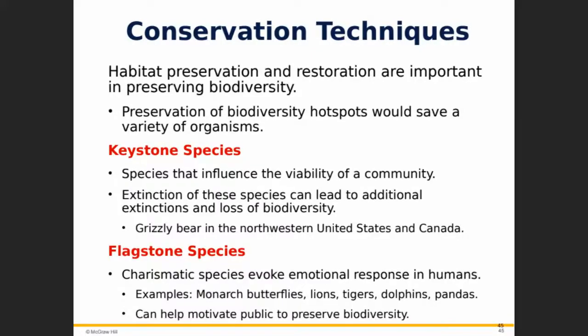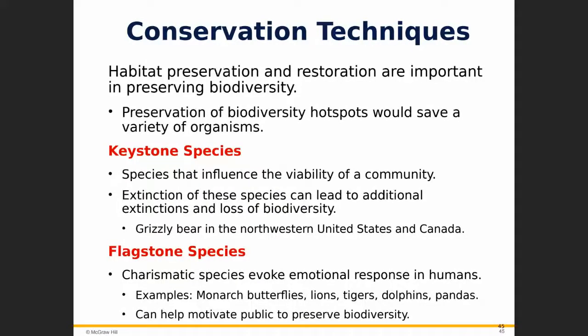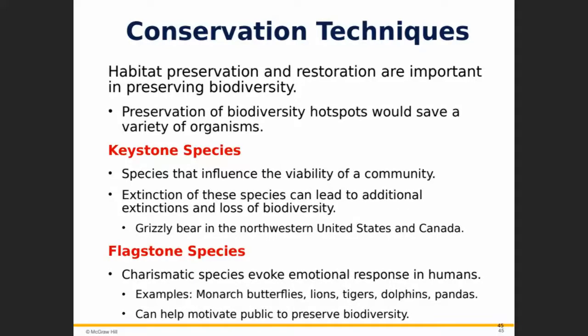They include the monarch butterflies, lions, tigers, dolphins, giant pandas. Some keystone species could also be flagship species. For example, the grizzly bear is also a flagship species, but we prefer to give it the value of a keystone species because of its role in an ecosystem.